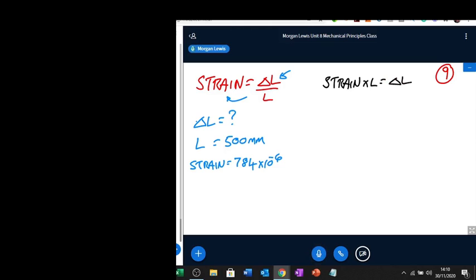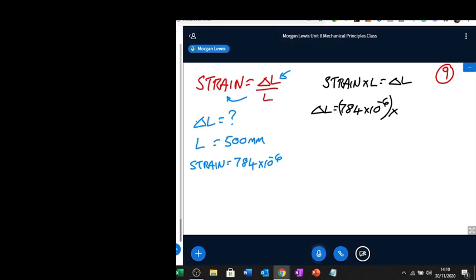The strain is 784 times 10 to the minus 6. Multiply that by 500 millimeters and you'll get the answer in millimeters. Or if you multiply it by a meter, you'll get the answer in meters.